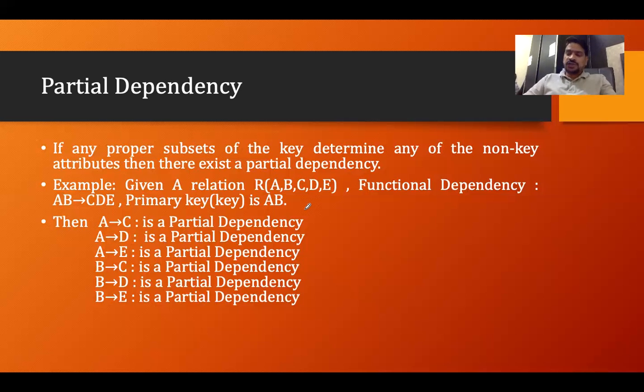Now, after choosing the primary key, we apply this definition. It says that if part of the key, or a proper subset of the key, is determining some non-key attribute, non-key meaning non-prime attribute, then that particular functional dependency is called a partial functional dependency.